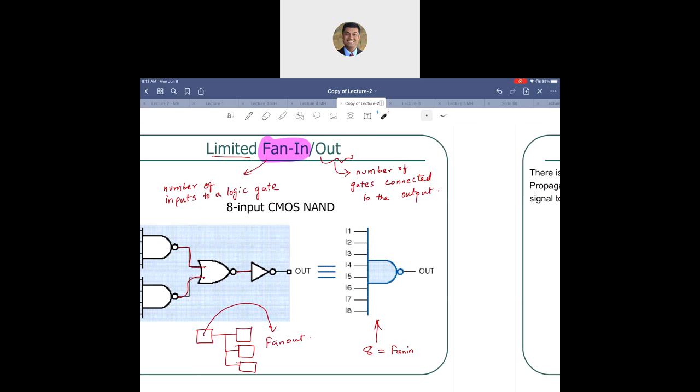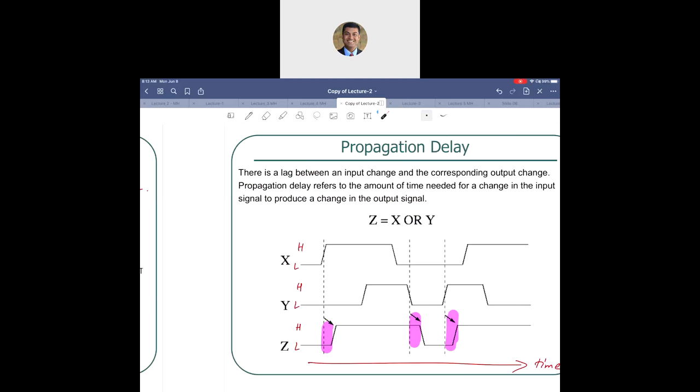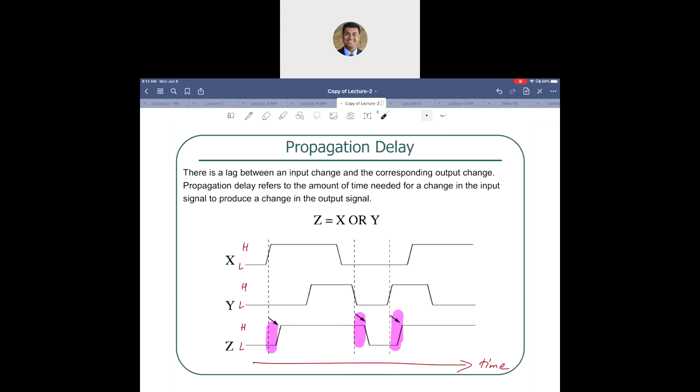If your circuit simply has one gate, because this circuit has only one OR gate over here, our propagation delay is going to be the same as gate delay. Propagation delay is for an entire circuit.